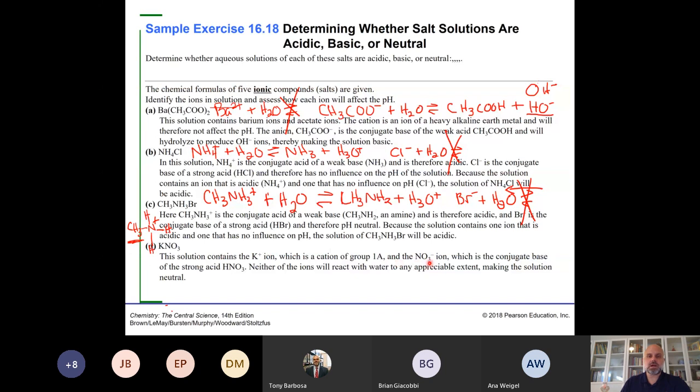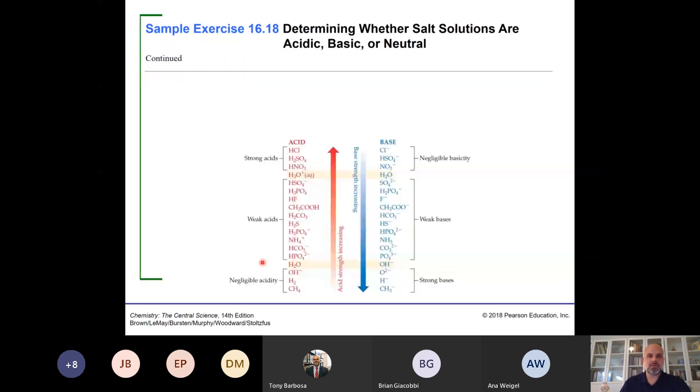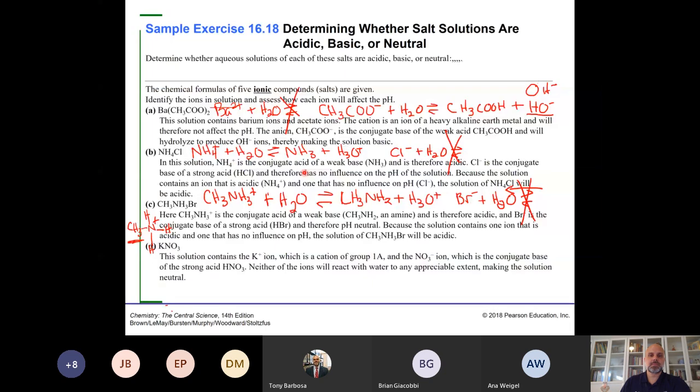And then it has the nitrate ion, which is the conjugate base of the strong acid HNO3. You can see HNO3 sitting at the top on the next slide. HNO3 is one of the strong acids, and since it's a strong acid, the conjugate base, NO3 minus, is going to be neutral as well. So neither of the ions are going to react with water to any appreciable extent, making the solution overall neutral.